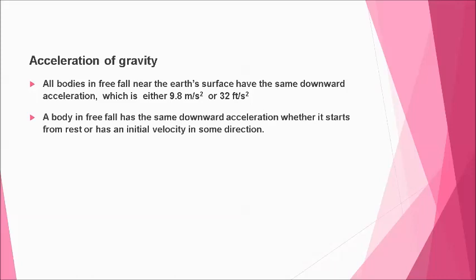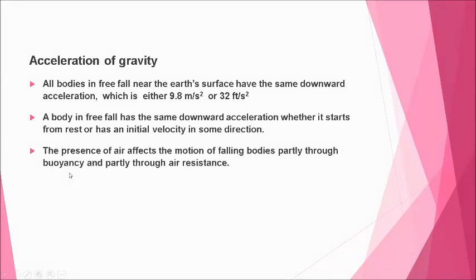So, you see that, class, di ba? Whether it started from rest or started with an initial velocity or at a certain direction, the acceleration would remain the same for vertical motion, because the acceleration is when an object is in free fall.